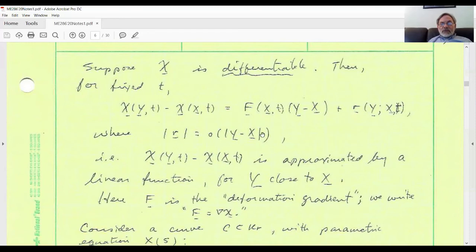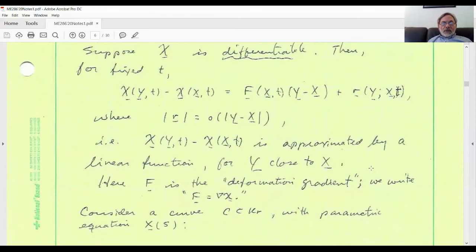This r is interesting only to the effect that its norm, its modulus, is small o of the distance between Y and X. Small o, recall, collects all terms that are smaller than the norm of Y minus X as Y minus X approaches 0. So differentiability simply means that the difference of the function values is approximated by a linear function of the difference of the arguments.